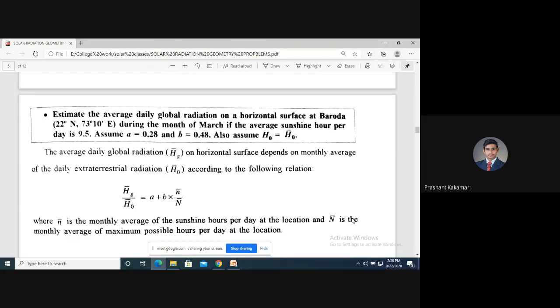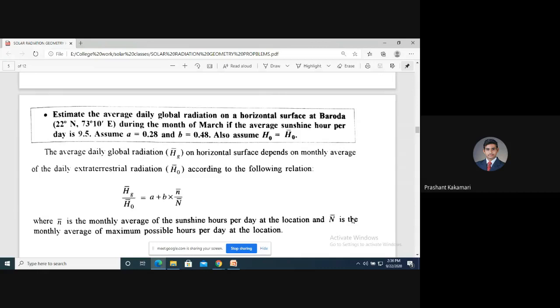Once they told us to consider bar as average, I will take Hg bar as what the question asks. Coming to this problem, we know the constants a and b, we know the average sunshine hours per day, 9.5, meaning s is known, a and b are known, and they are telling us H naught and H naught bar values.